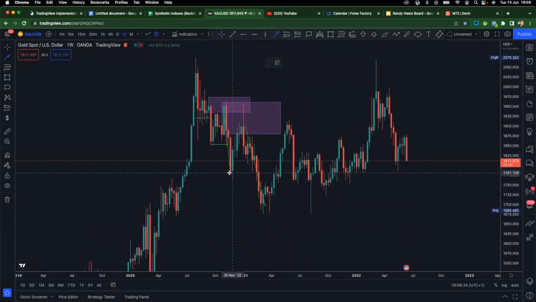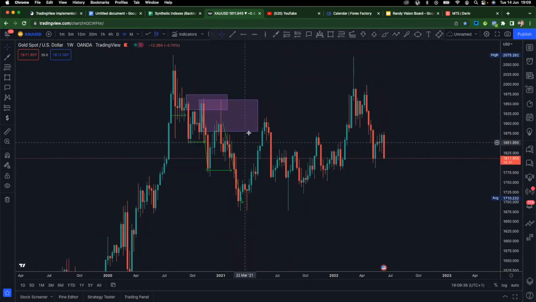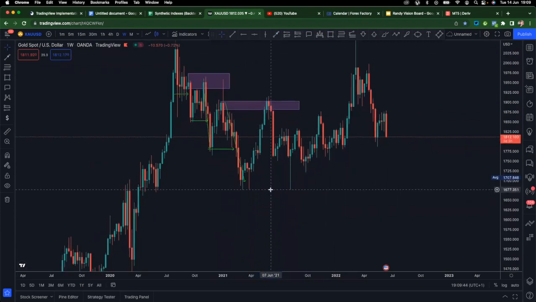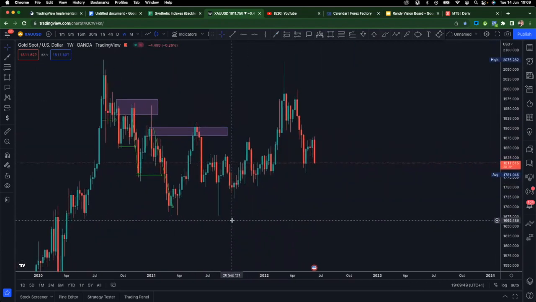What again? Break of structure. Let me delete this. Candle responsible for the break, mitigation, drop. Then in this case market did not break this low area.